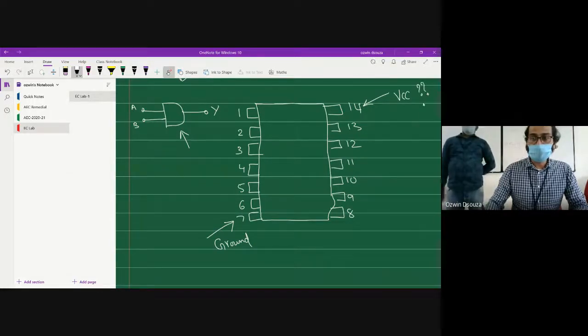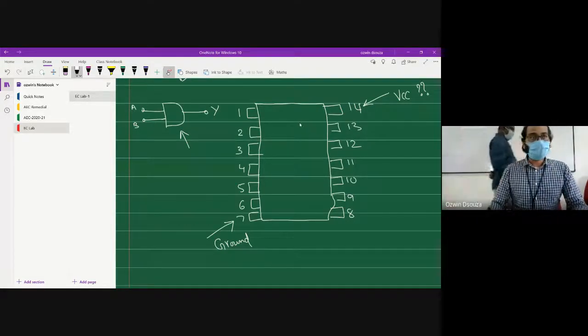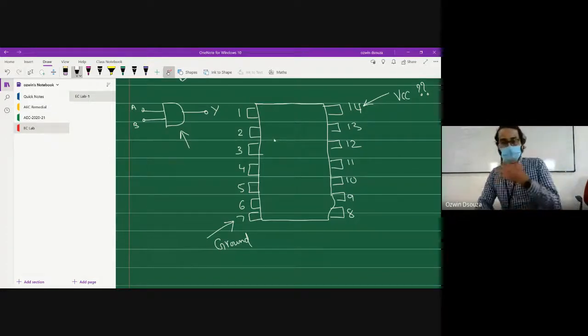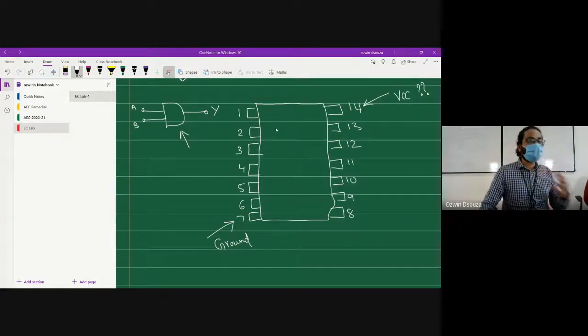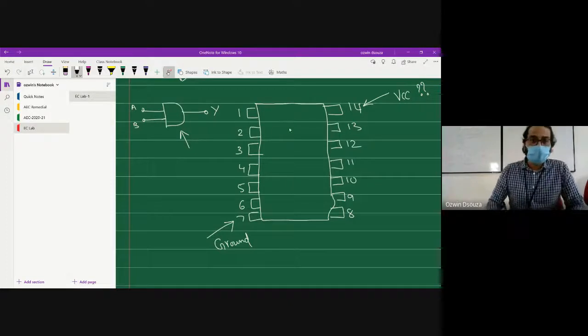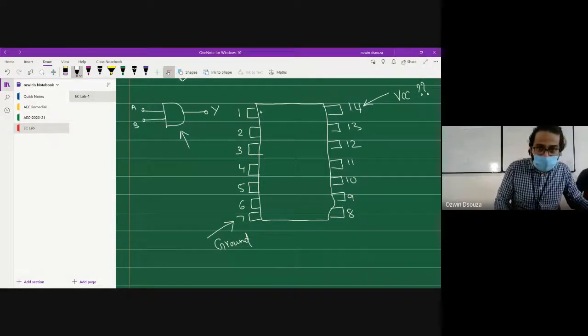Why do we need to connect it to the power supply? Because what is there inside the IC? As you said, transistors, and transistors need electricity, right? Upon receiving electricity, they will be able to give you the AND operation, NOT operation, etc. In your AND gate, this is how the ICs are internally arranged.